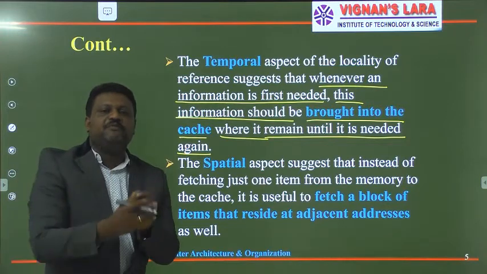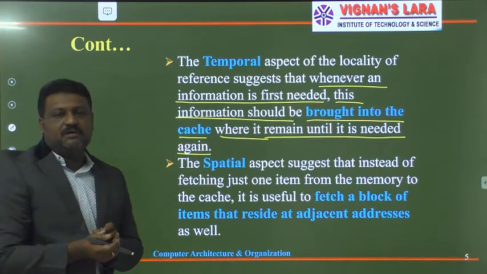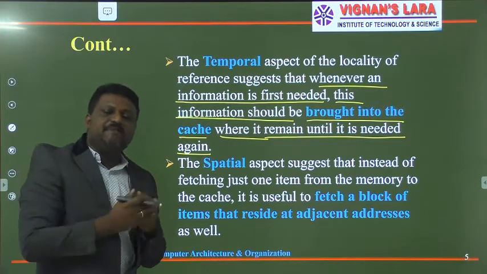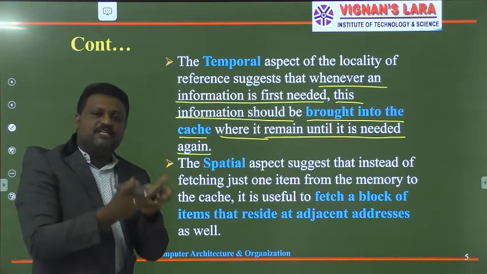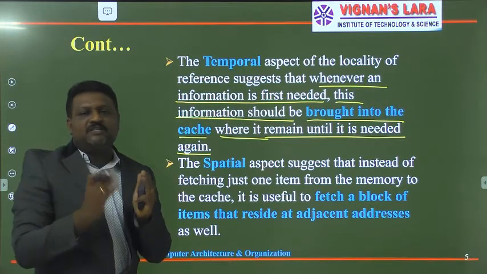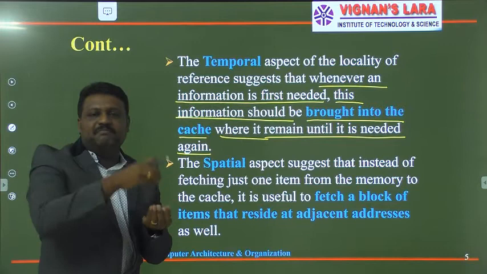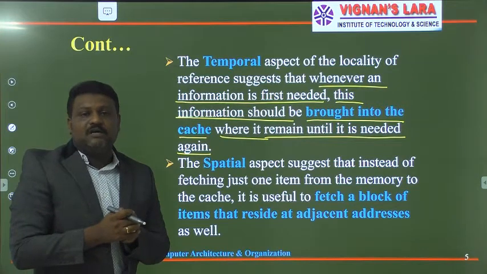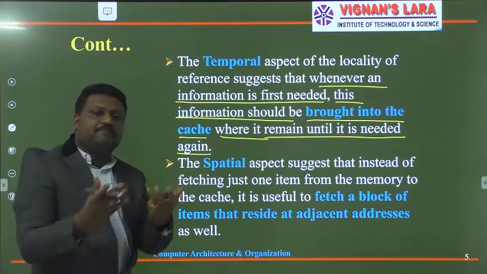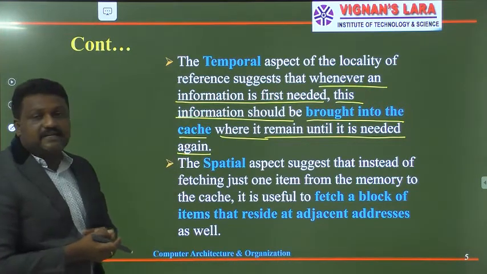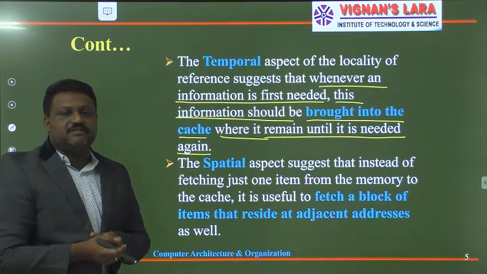If one particular piece of information is asked for by the CPU, we have to go and bring that information from the main memory and keep it in the cache. If it is used by the CPU, I need not send the same information back to the main memory. I have to keep it in the cache itself, because very soon my processor is going to utilize it again. So that is what temporal locality of reference suggests.